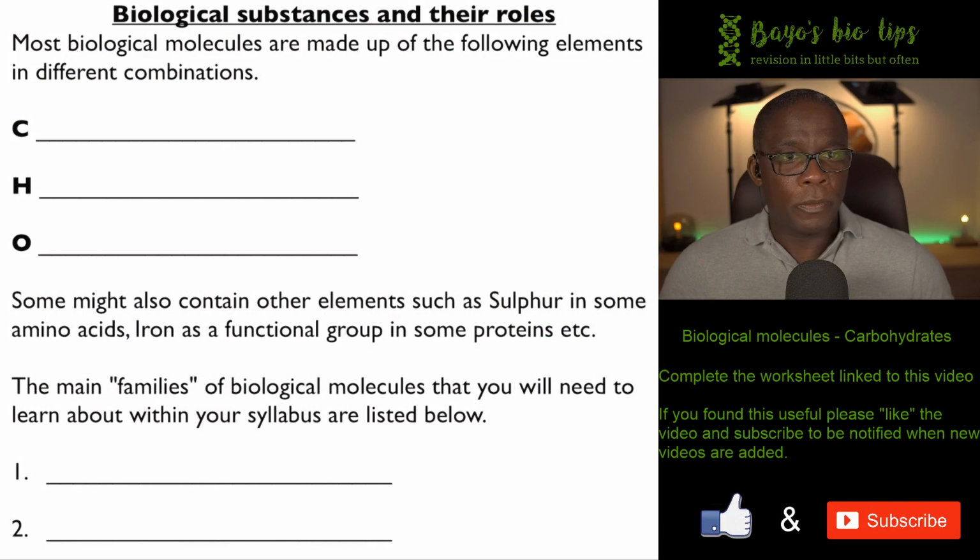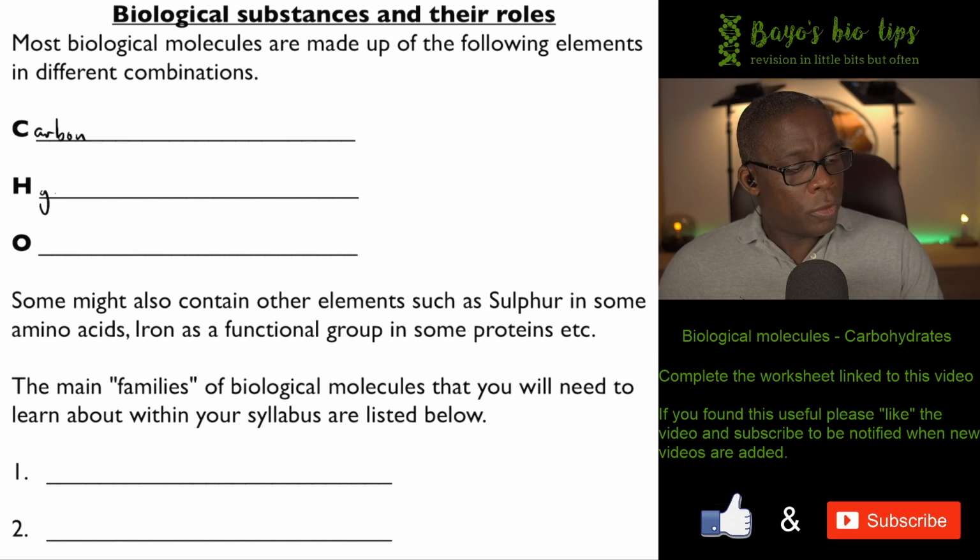Okay, so you want to get the worksheet ready and begin to fill it in as you watch the video. So, most biological molecules are made up of three main elements. They are carbon, hydrogen, and oxygen.